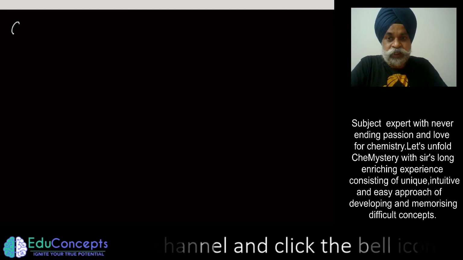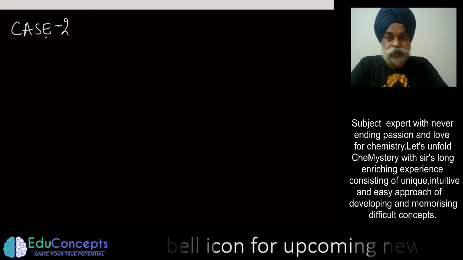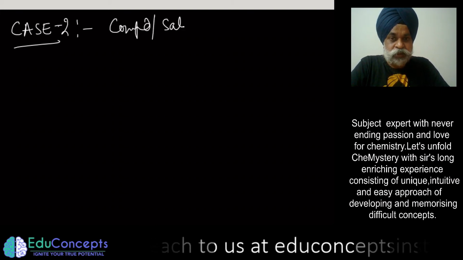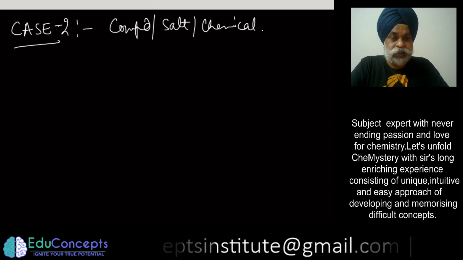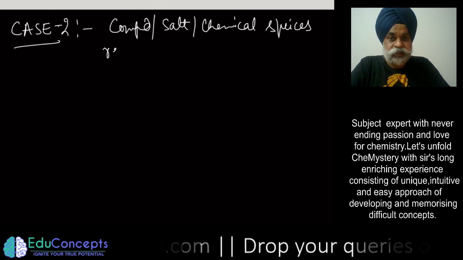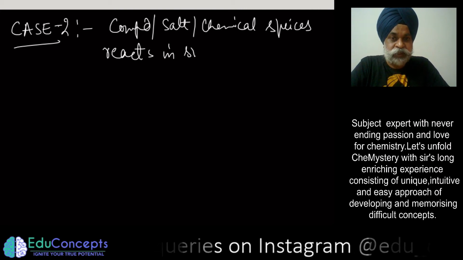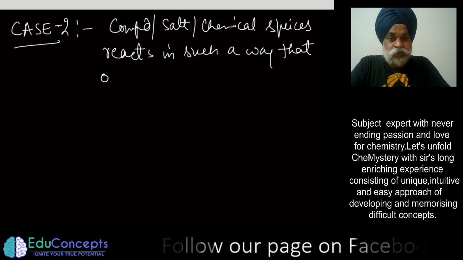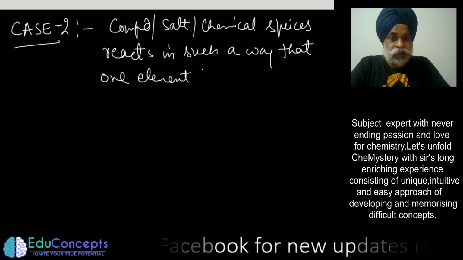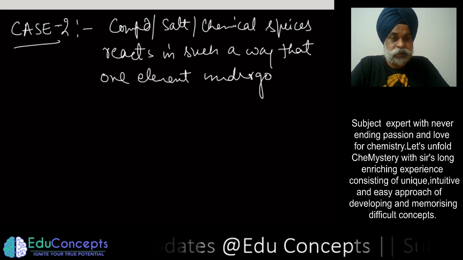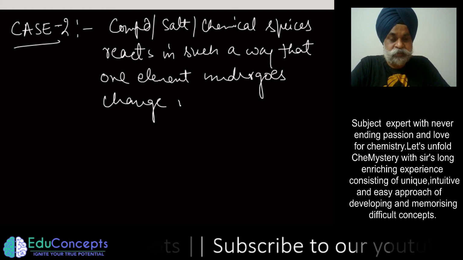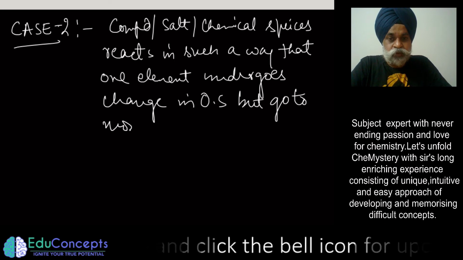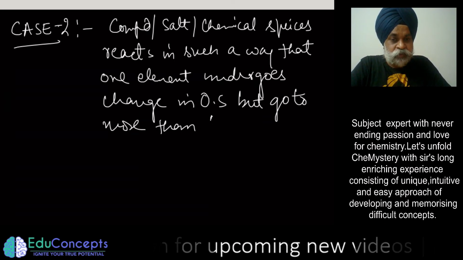Case number 2: a compound or a salt or a chemical species reacts in such a way that one element undergoes a change in oxidation state but goes to more than one product.